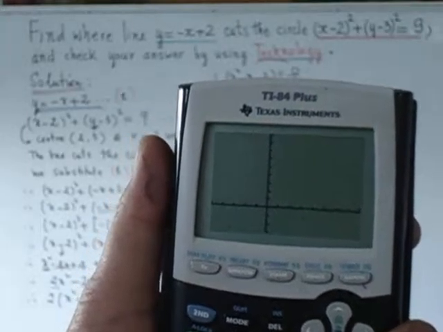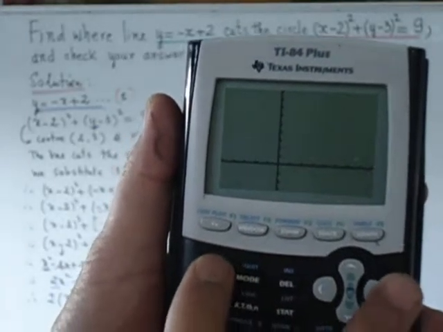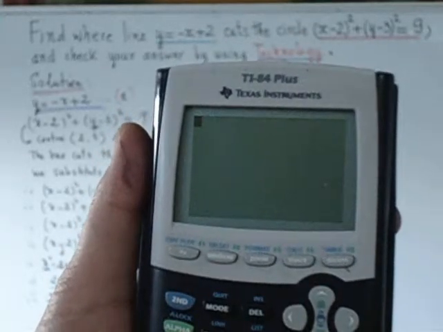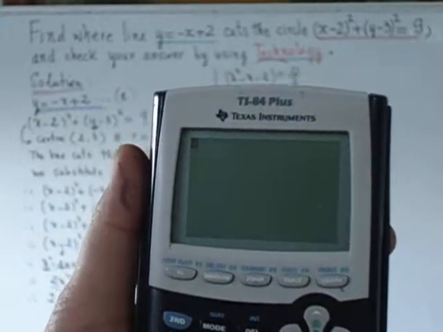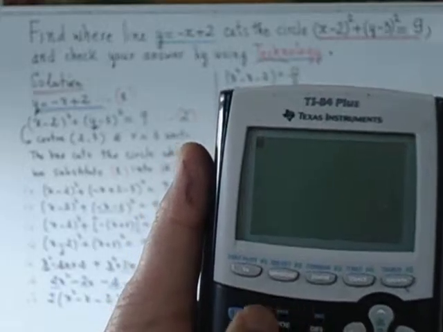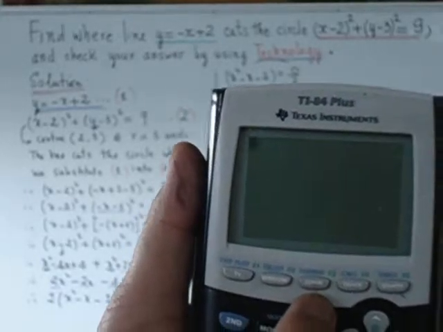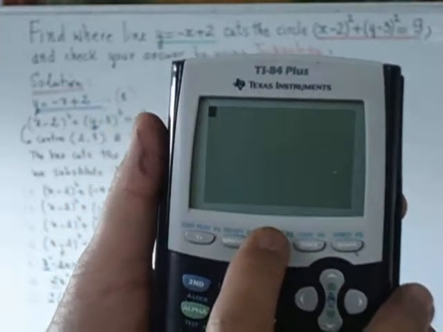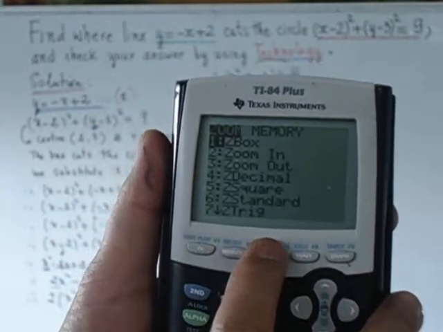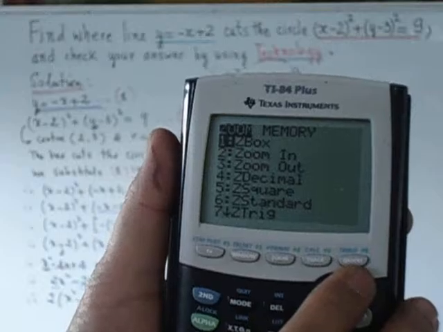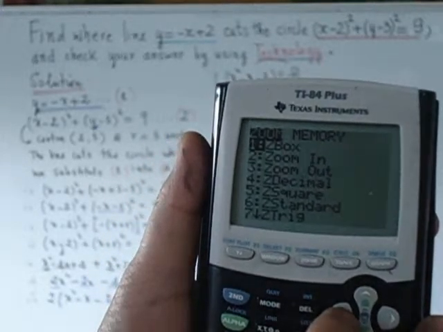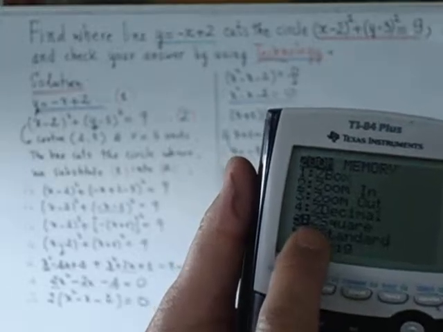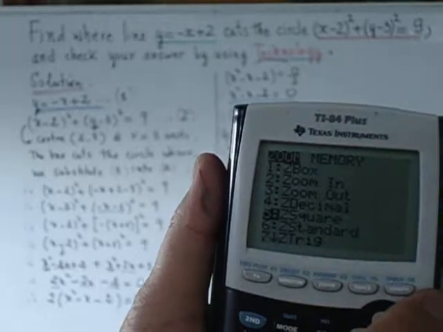So in order to draw the circle, we must press second, quit. And in order to see the circle clearly, we must press zoom. Zoom, then we select 5, ZSquare.